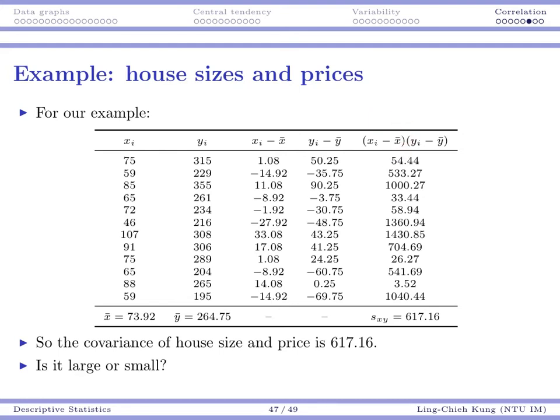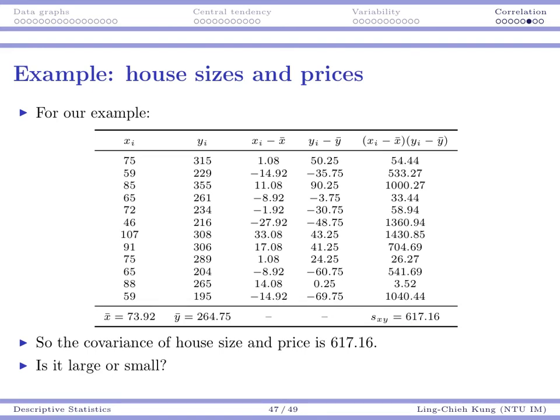Because each point is far from the mean. For y, if it's the same thing, then y will be far from the mean. So if these numbers are always large, then you tend to have a large covariance. So this 600 may be large in this case, but may be small in other examples.